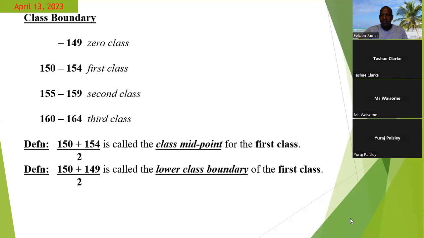Look at it again, Mr. Paisley, and think about what I just said. If you're adding 2 to the lower limits of the class, and you add 2 to 150, you get 152. For the second class, what would be the class midpoint?